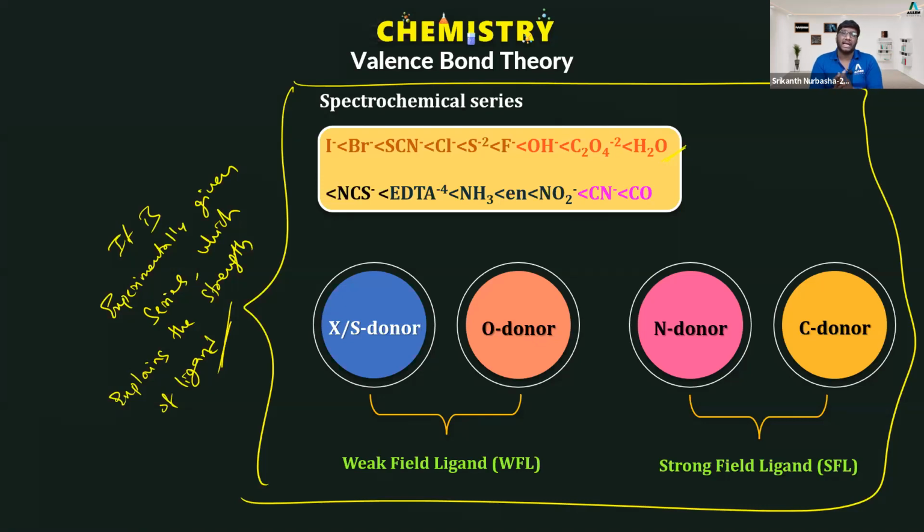So based on the ligand, we get whether the hybridization is sp3d2 or d2sp3, sp3d or dsp3, or sp3 or dsp2. If we have a strong ligand, it can make the inner d orbitals empty, and if the inner d orbitals are empty, they can be available for hybridization. If the inner d orbitals are not empty, they are not available for hybridization.